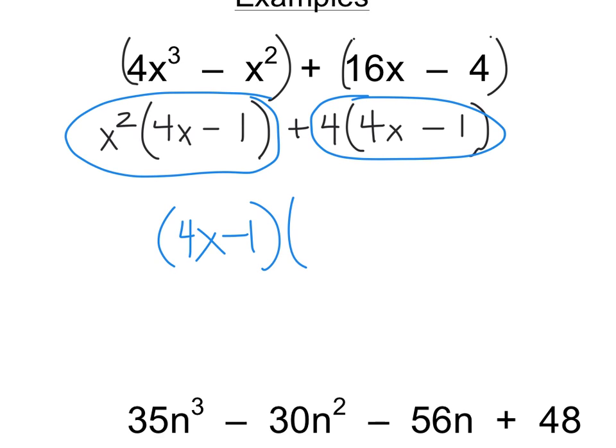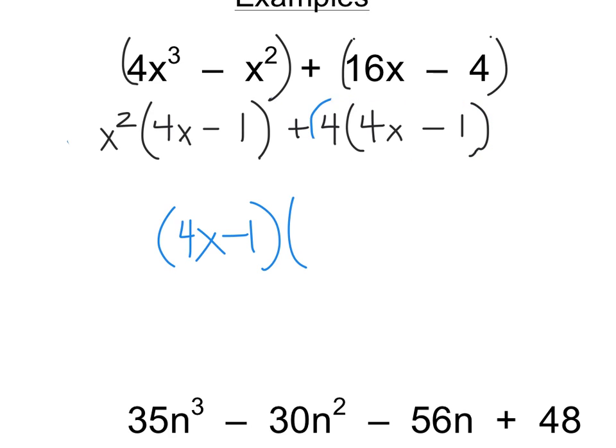They have that 4x minus 1 in common. Now, what do they have left over? In other words, what is outside of the parentheses? That's an x squared and a positive 4. And now I am finished. I've got 2 binomial terms multiplied together. That's factoring by grouping.